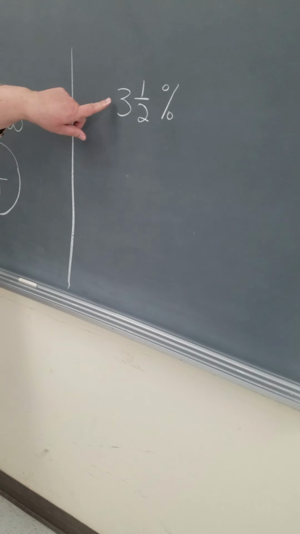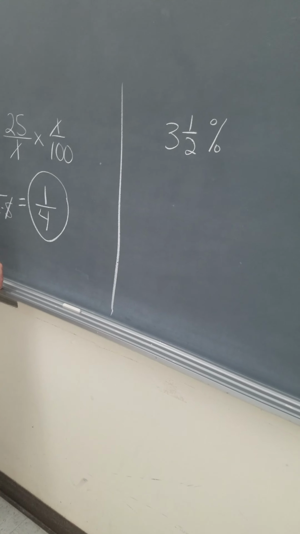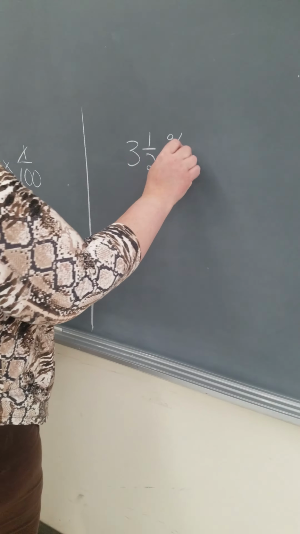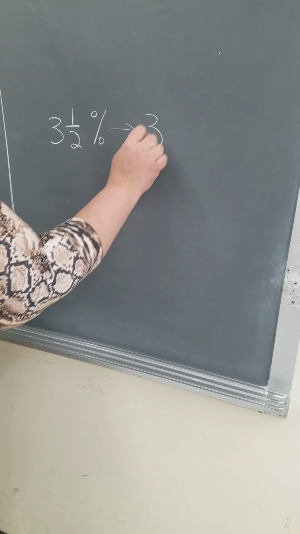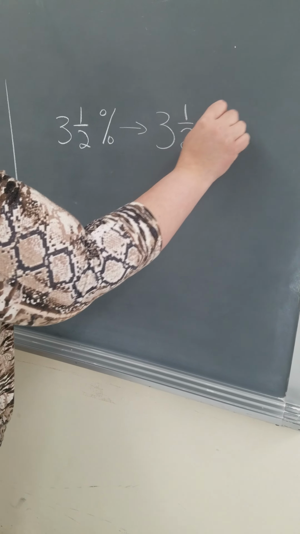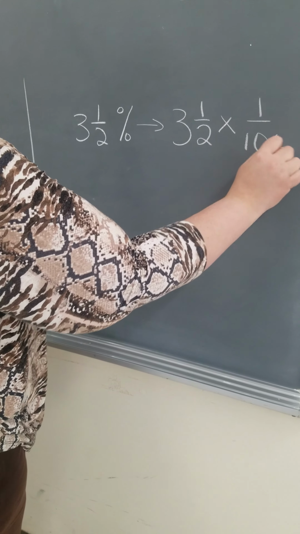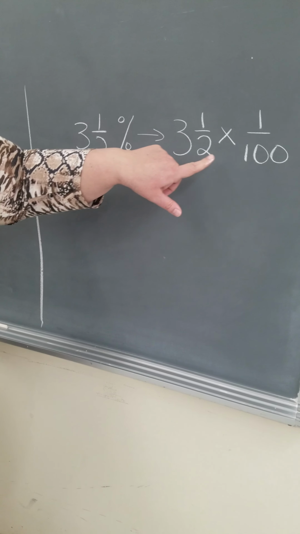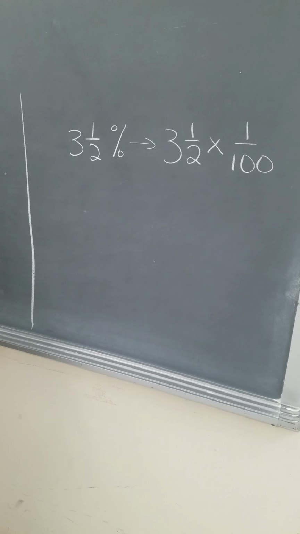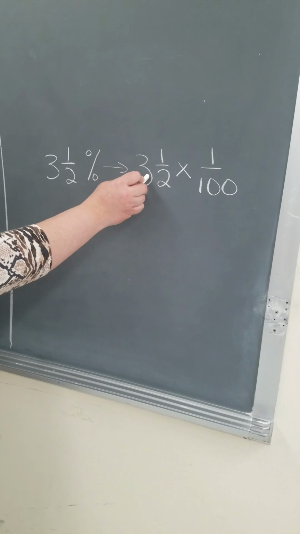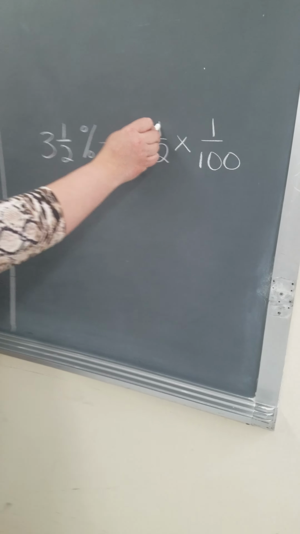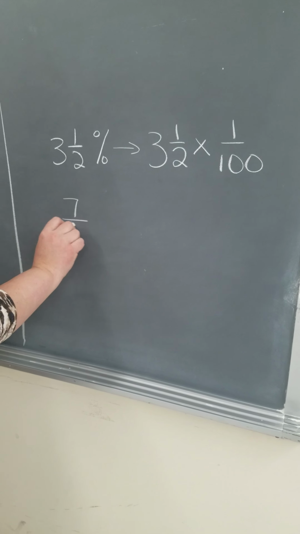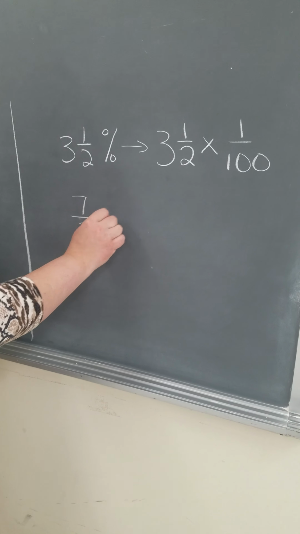Last but not least, this one's unusual because here we have a mixed number. We have 3.5, but the directions and the steps are still the same. Remove the percent sign and multiply by 1/100. If you recall from quiz 4, when we have a mixed number and we're multiplying it by 1/100, first you're going to make this improper. So 3 times 2 is 6, plus 1 is 7, over our denominator of 2. We're going to multiply that by 1/100.